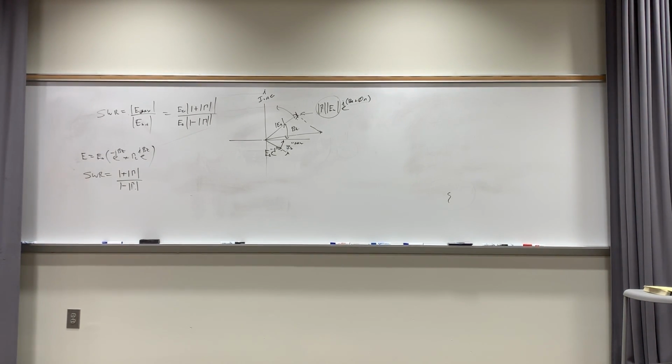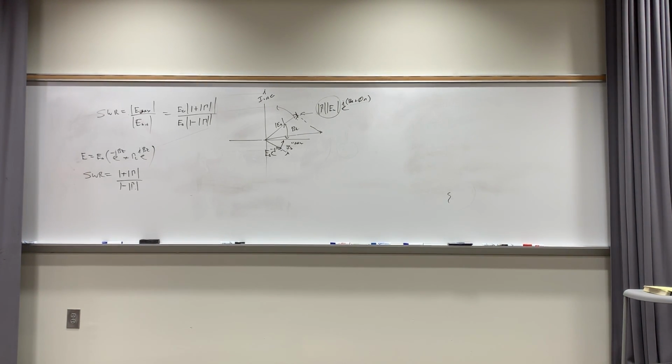I want to ask you one thing. Look at this value for SWR. What's the minimum value it can have? Well, the ratio of min to max would be what? Now, this is not in the time domain, this is in the phasor domain. So if you think about a transmission line that goes on forever, or free space that goes on forever, and you launch an electromagnetic wave, well, there's no reflections, right?